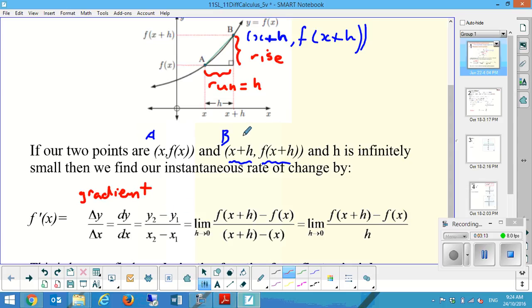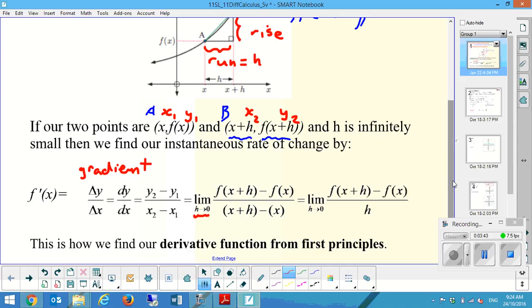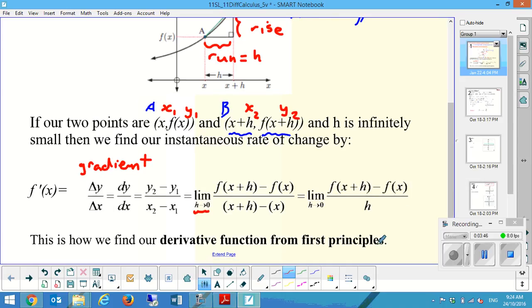So our x2 and y2 are this point, and our x1, y1 is our first point, our point A. So we want f of x plus h minus f of x, divided by x plus h minus x, and we're taking the limit as h gets smaller and smaller. When we simplify that, we come down to h, and that will then give us our derivative function from first principles. So all we have to do is substitute this into whatever our function is.